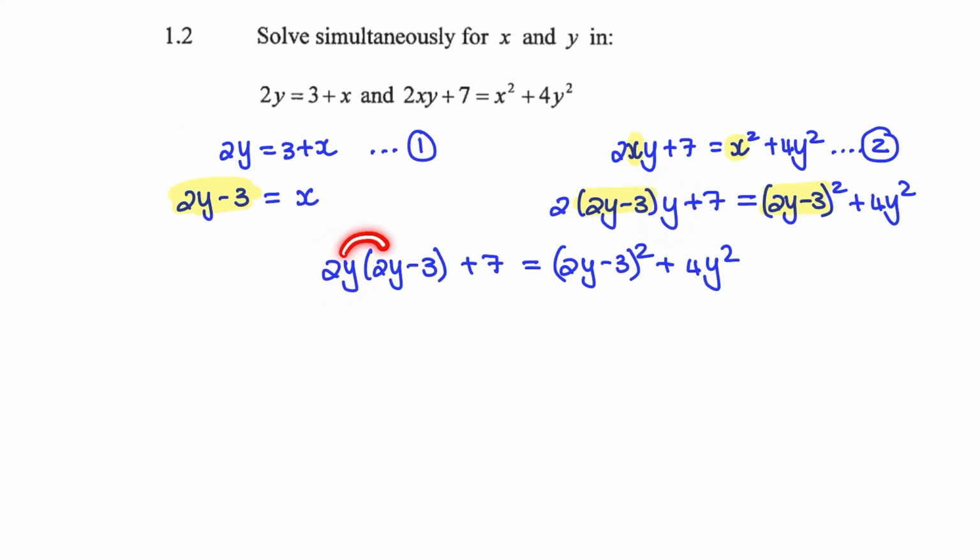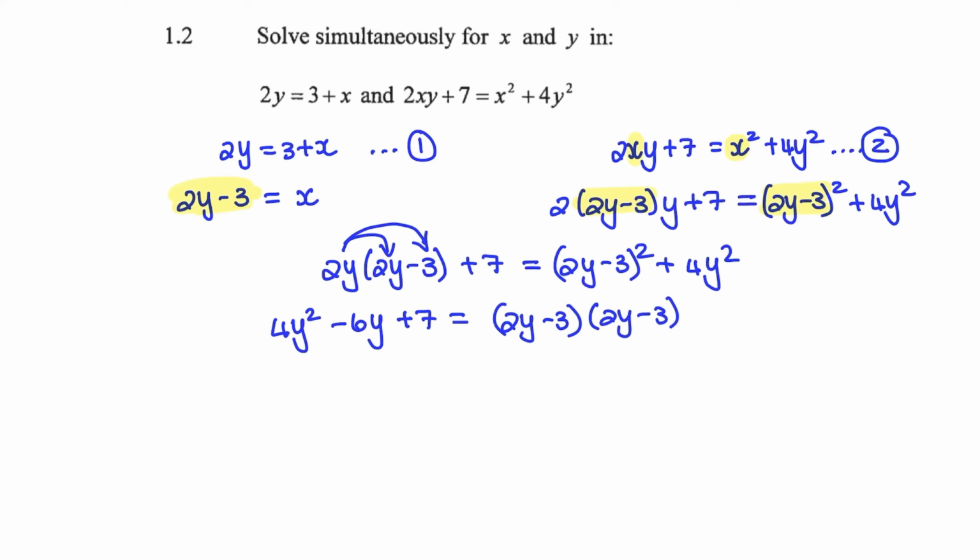This will help me to multiply out a bit easier. So now if I multiply out, I have 2y times 2y, which is 4y squared. 2y times 3y is negative 6y plus 7 equal to 2y minus 3 times 2y minus 3 plus 4y squared.